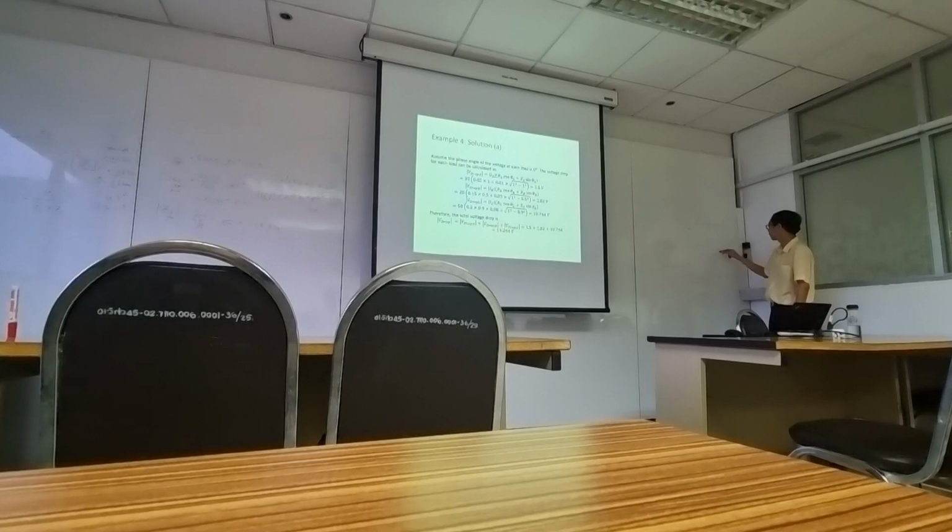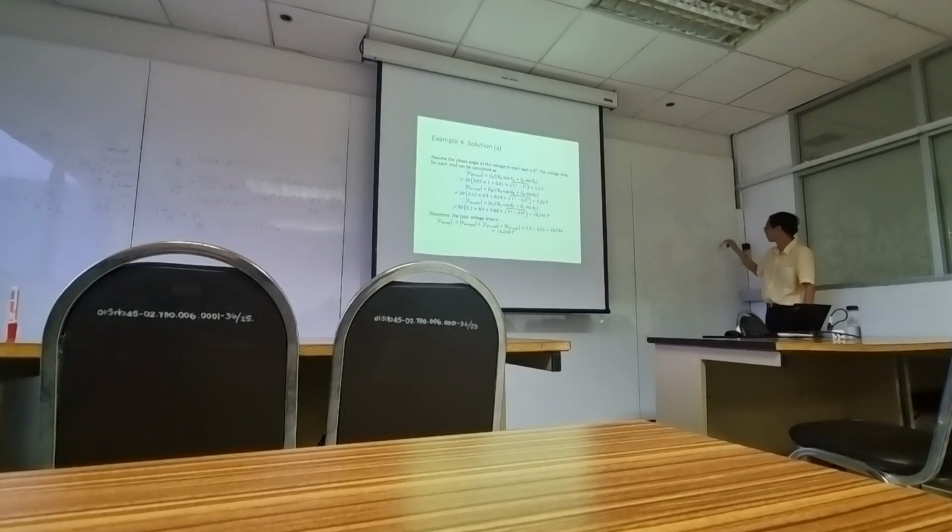Then when you add B, this is VB. This is not VA at all. This is VA half, because when you add this load, current flows from here to here.